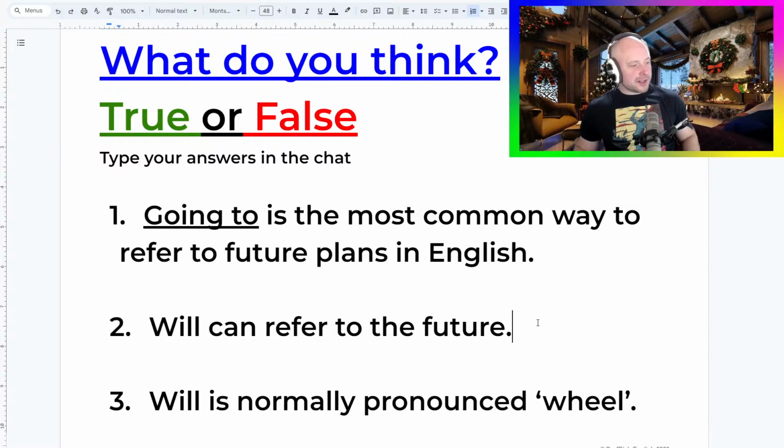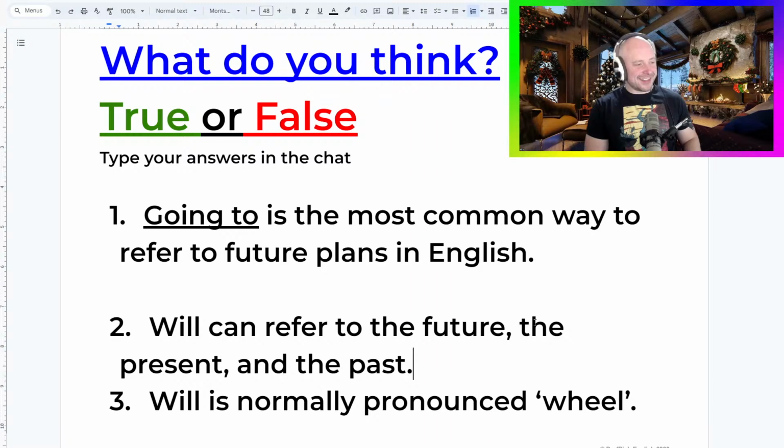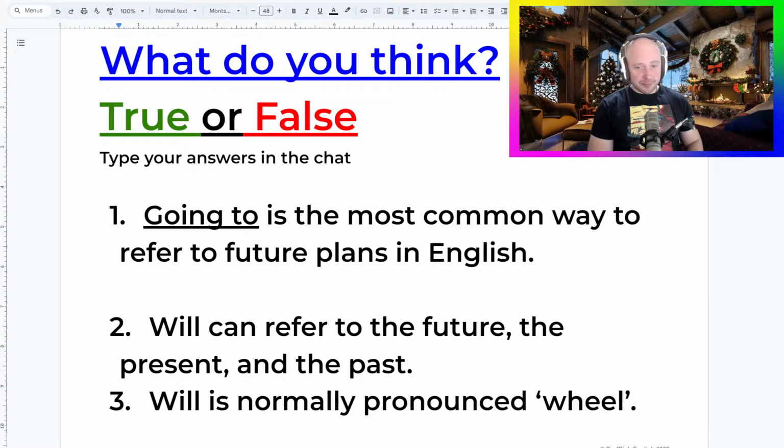Will can refer to the future, the present, and the past. Okay. I'll type in the chat now examples. So, in the present, here's an example in the present.